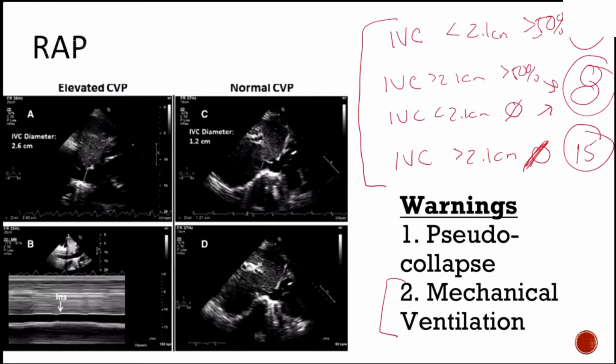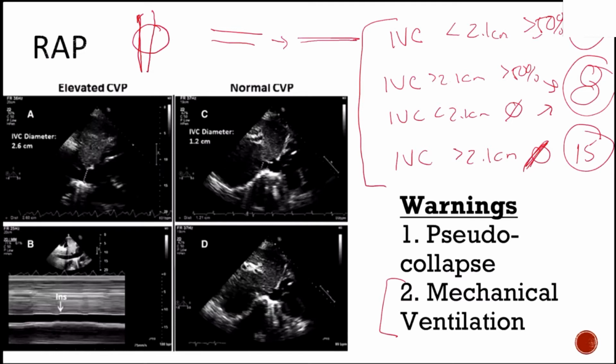The second is something called pseudo collapse. So let's say that I have my IVC in my view. It looks like this. Patient takes a big deep breath, and now I have my IVC and it looks like this. Well, how do I know that I'm still looking at my IVC? If I am initially looking right through the middle of my IVC with the ultrasound beam, and they take a big deep breath, and their IVC moves in relation to where their body is, or my probe moves in relation to where their IVC is, and now I'm catching this area here, I'm going to underestimate the diameter of my IVC, and that's called pseudo collapse.